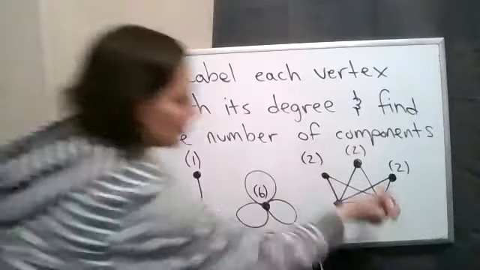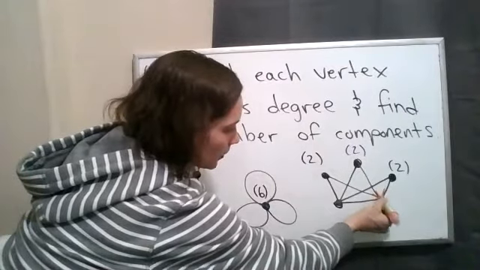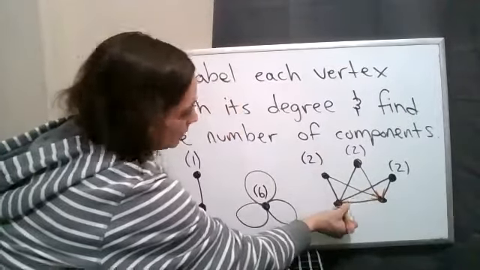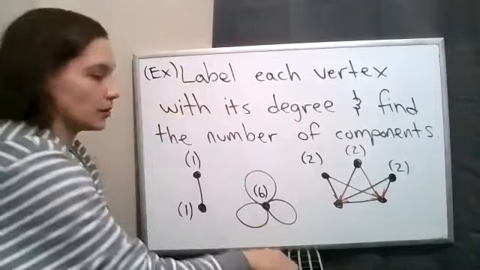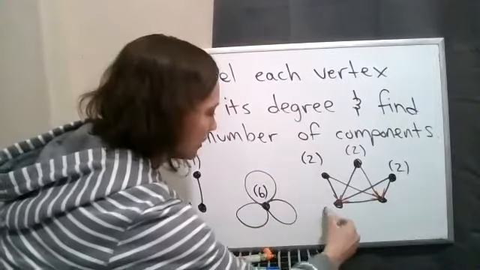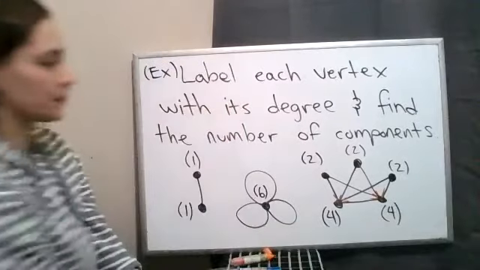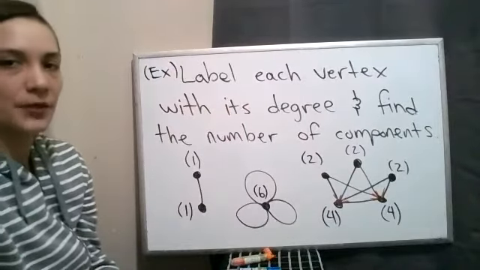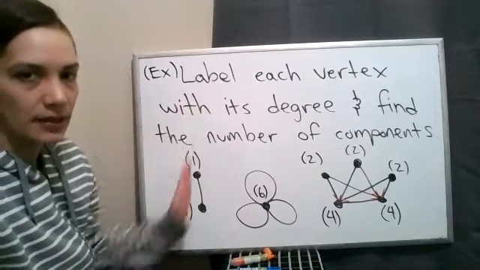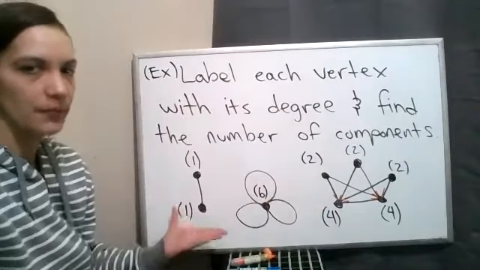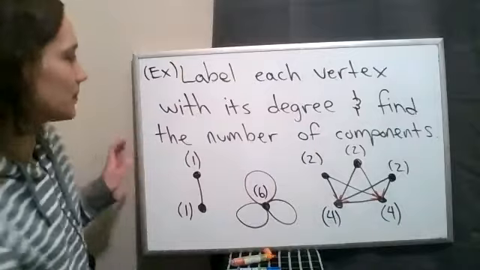This will be 1, 2, 3, 4. 1, 2, 3, 4. Degree 4 for each. So we're done with the first part. How many components? There are 3 pieces, which means there are 3 components.